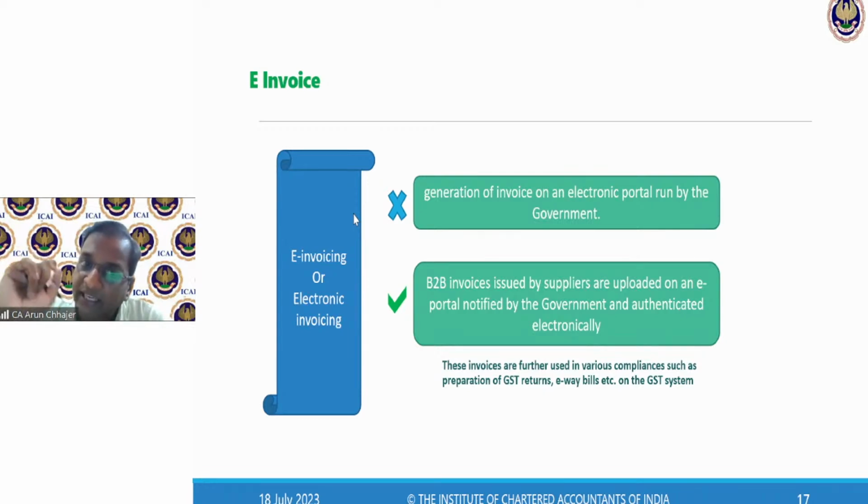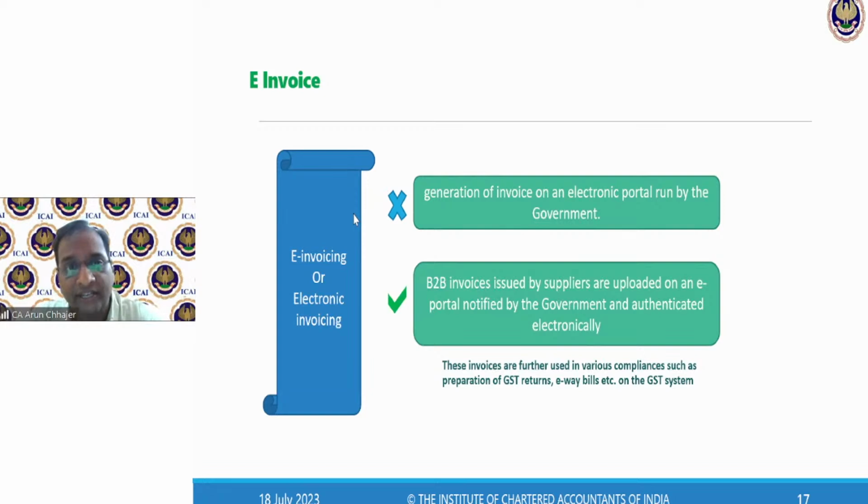After generating the invoice, the details would be uploaded on the government e-invoicing portal.